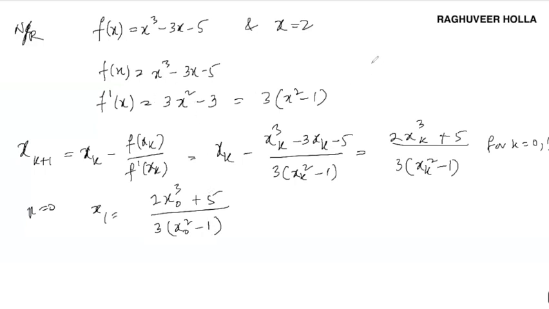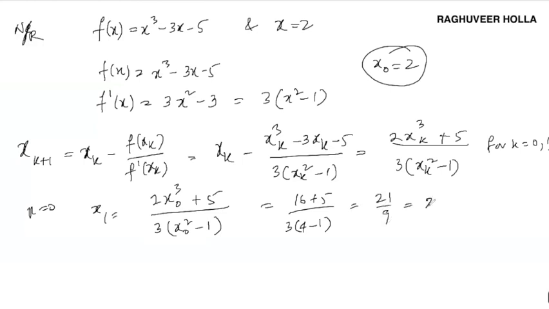X naught here is 2. Substituting it, this is 21 by 9, which is 2.333 and so on.